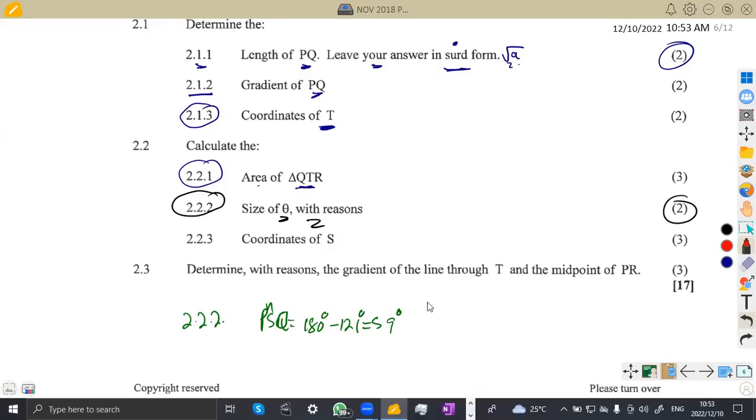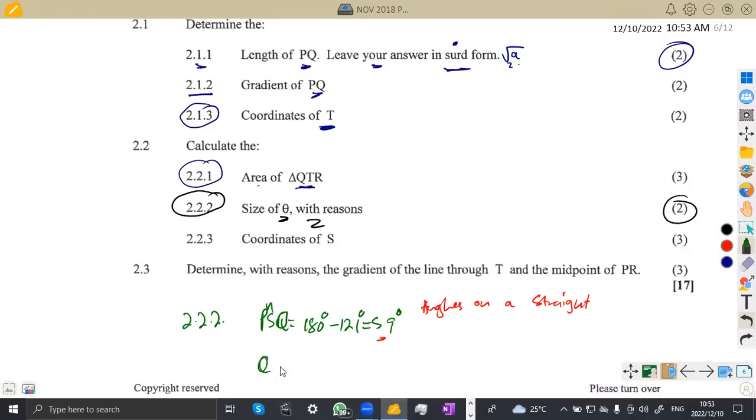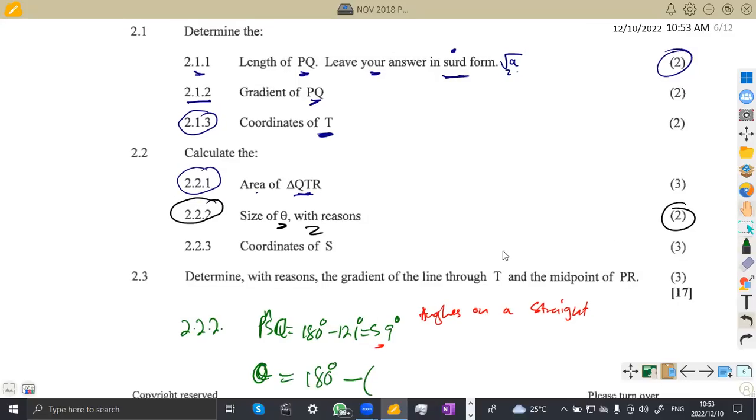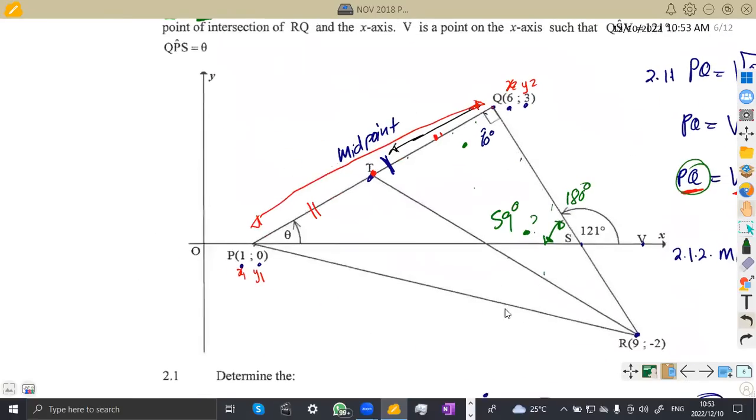Here we are dealing with angles on a straight line. That's the reason for this step. So if angle PSQ is 59 degrees, therefore the theta that we need is equal to 180 degrees minus the two angles inside the triangle, which are this angle of 59 degrees and 90 degrees.